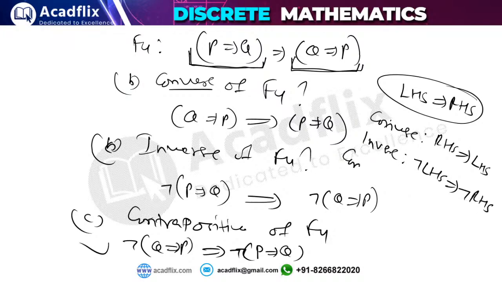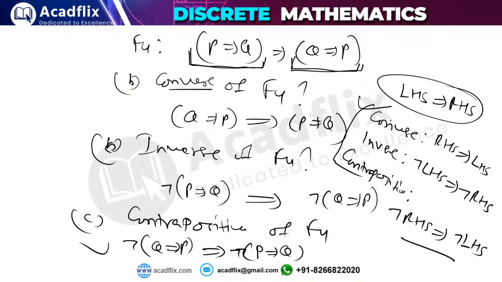The contrapositive will be negation of RHS implies negation of LHS. This is how we find converse, inverse, contrapositive. And you already know that every conditional statement is equivalent to its contrapositive.